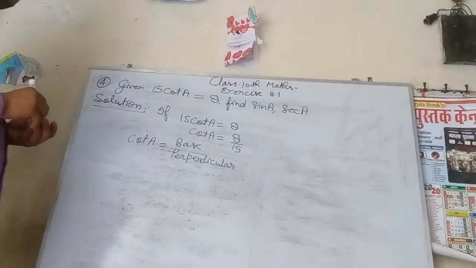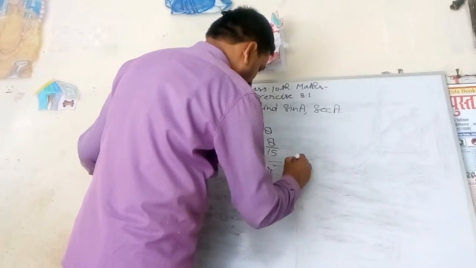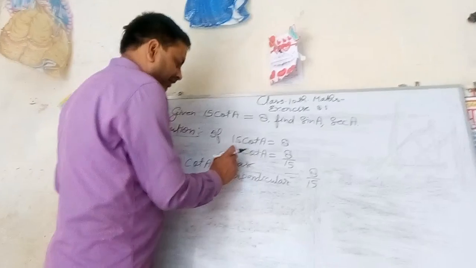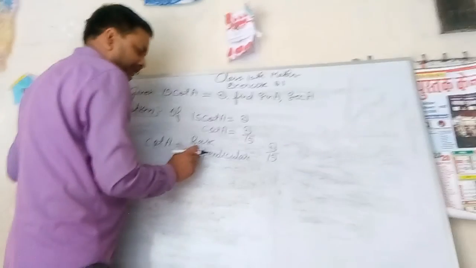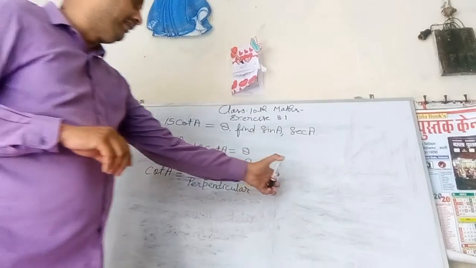Now compare it. Given that 8 upon 15, it means base is 8x unit and perpendicular is 15x. X is the common factor between 8 and 15.